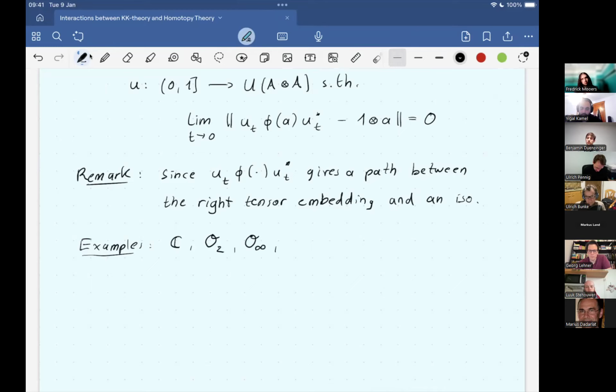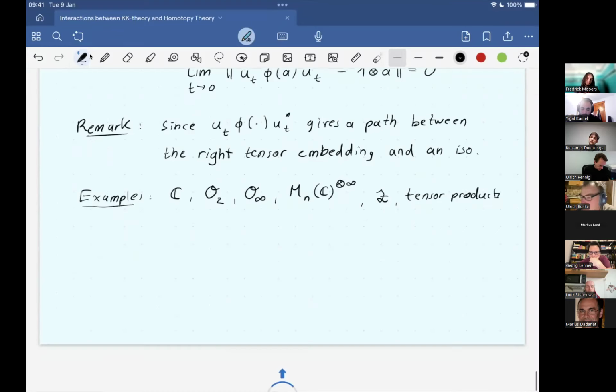And then, more concretely, I can take the n by n matrices over the complex numbers and take the infinite tensor product, the colimit over all of these matrix algebras. That's also strongly self-absorbing. And then there's the so-called Jiang-Su algebra, which is also strongly self-absorbing. I can form tensor products of strongly self-absorbing C star algebras, and these will be strongly self-absorbing.